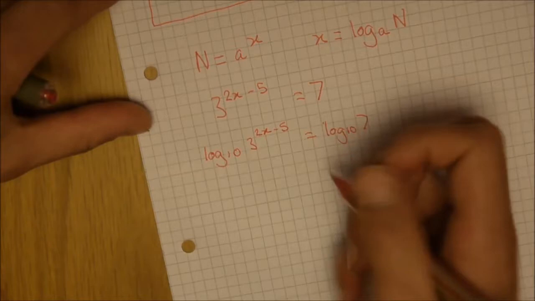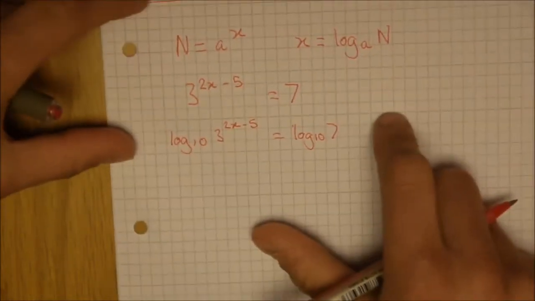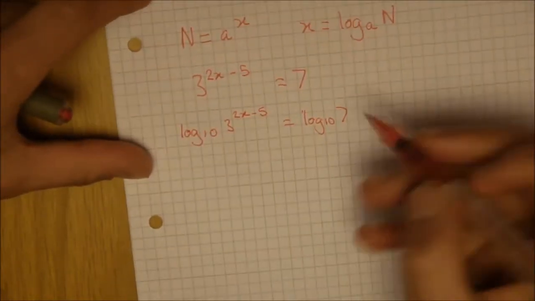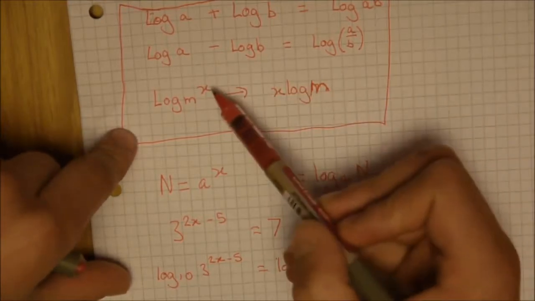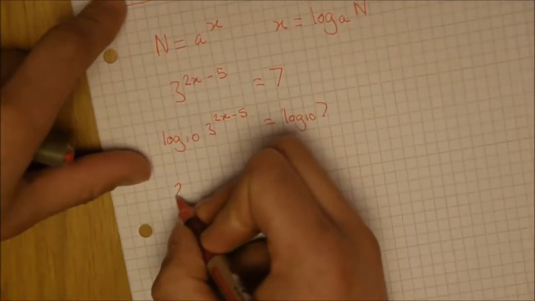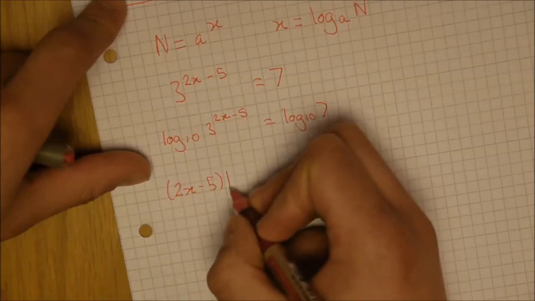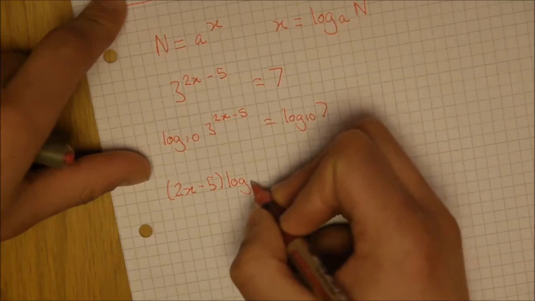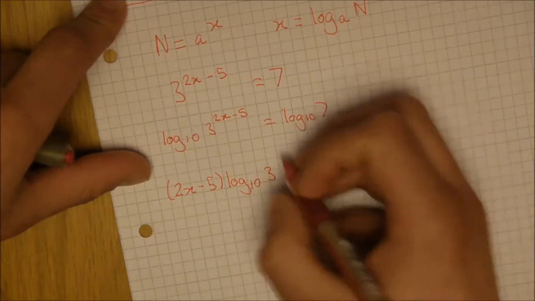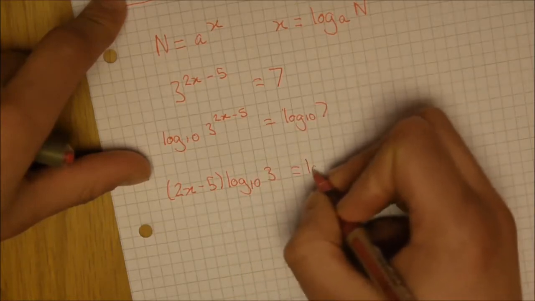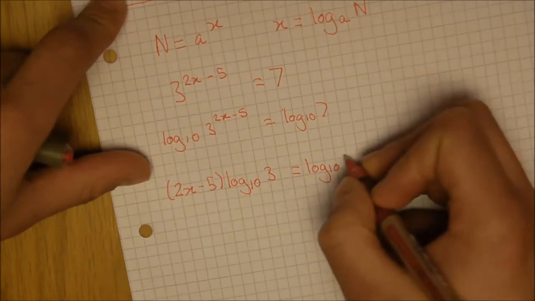So now we can do it. Now we can move the 2x minus 5 down, because that would follow the third law of logarithms, that we have basically a power and we can move it to be in front. So that's (2x minus 5) log 10 3 equals log 10 7.